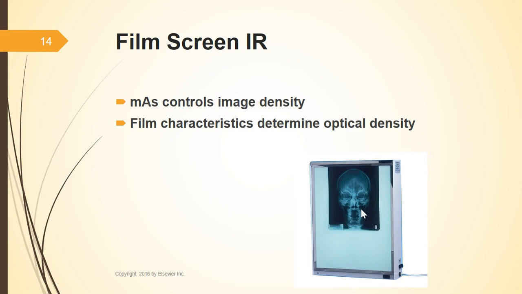So if you had made it with too much mass, the density is increased, and when the mass is decreased, the density is decreased. If your film is too light, not enough density, then you have to increase your mass to make it better. But guess what? You don't have a digital computer to fix that image. You got to go take another x-ray.